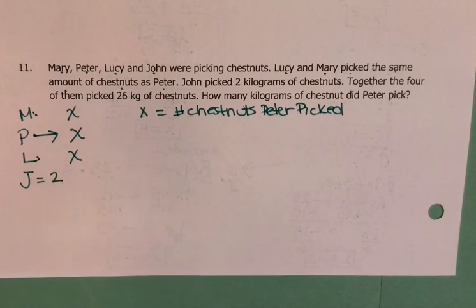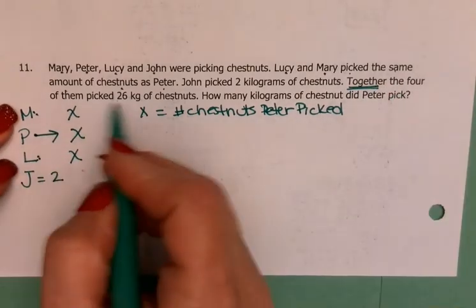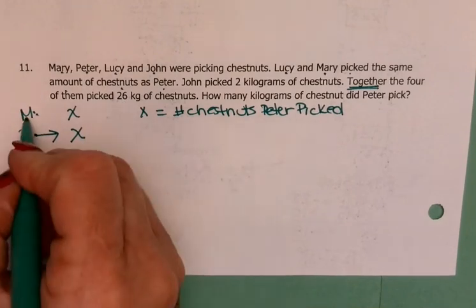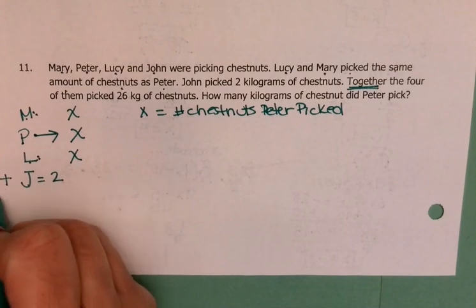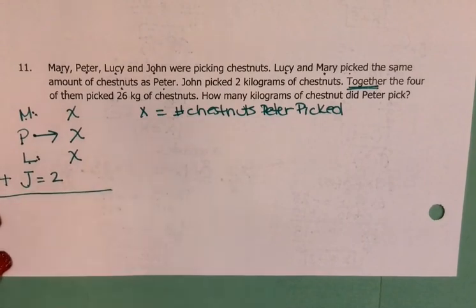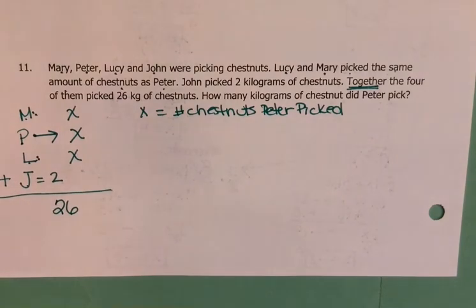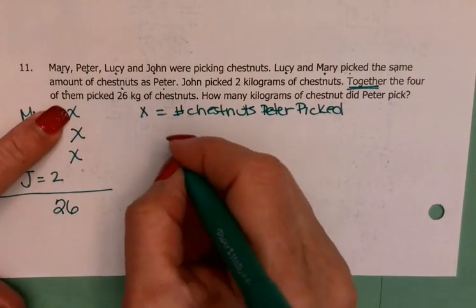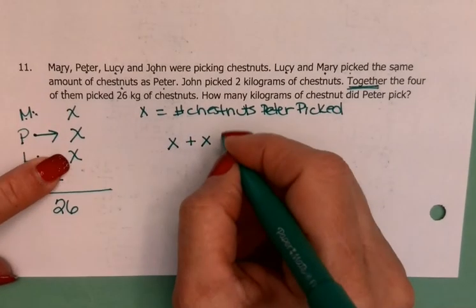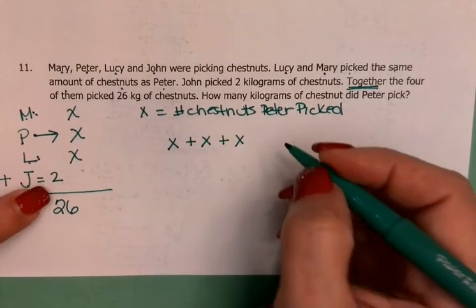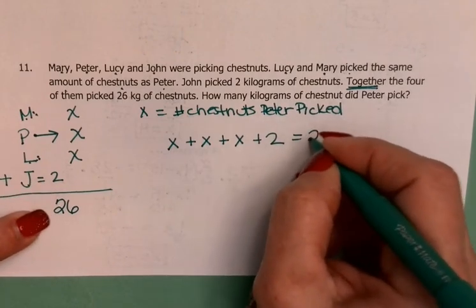John picked 2 kilograms. It says together, the 4 of them picked 26. So Mary plus Peter plus Lucy plus John, everybody all together, picked 26 kilograms. So I am going to say X Mary plus X Peter plus X Lucy plus 2 John is equal to 26.